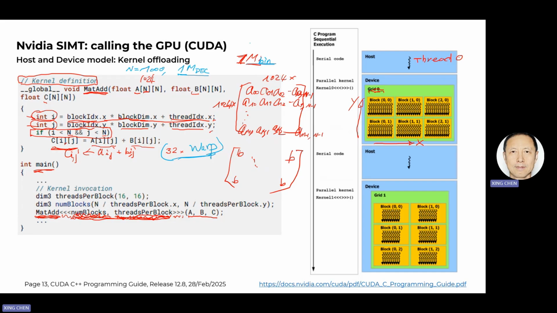That means you are going to have 1,024 times 1,024 threads. And the threads are going to be organized into grids. And then later on, you are going to use these 2 lines of code to calculate the I and j.